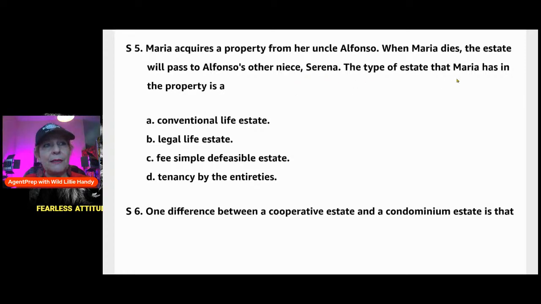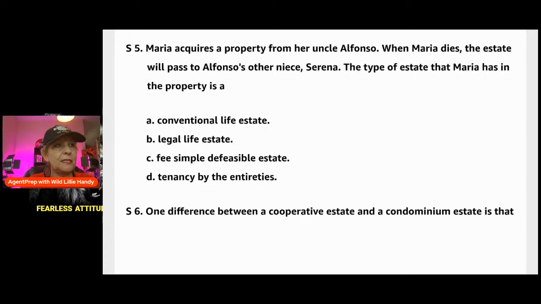The type of estate that Maria has in the property is A, conventional life estate, B, legal life estate, C, fee simple defeasible life estate, or D, tenancy by the entireties.